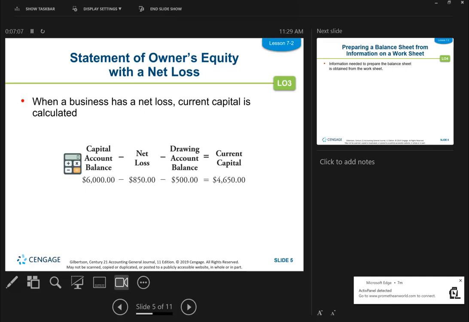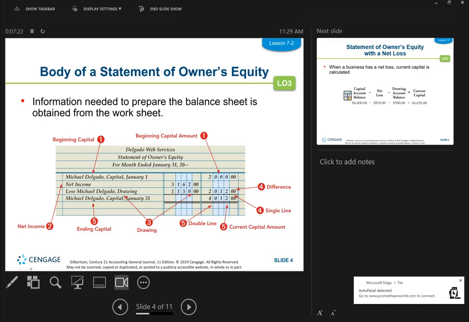That's the same as whether there was a net loss or a net profit, it's just that you're adding for net income as opposed to subtracting for net loss. Is everybody okay there? On the previous slide, net income is a positive number. If it was a net loss, that would be a negative number, right? Everybody's okay?